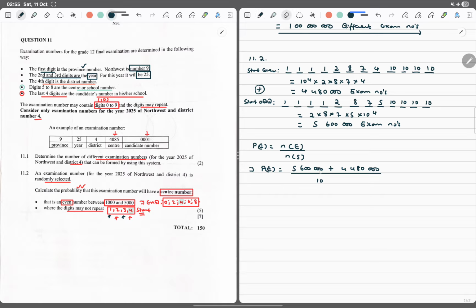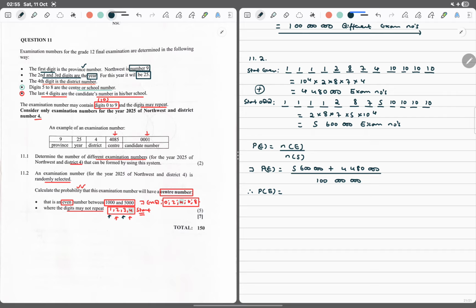In fact, why do we write it like that? It's 100 million. Right, so therefore our probability of our event occurring is going to be this plus 4,480,000. Then we divide this by 100 million.